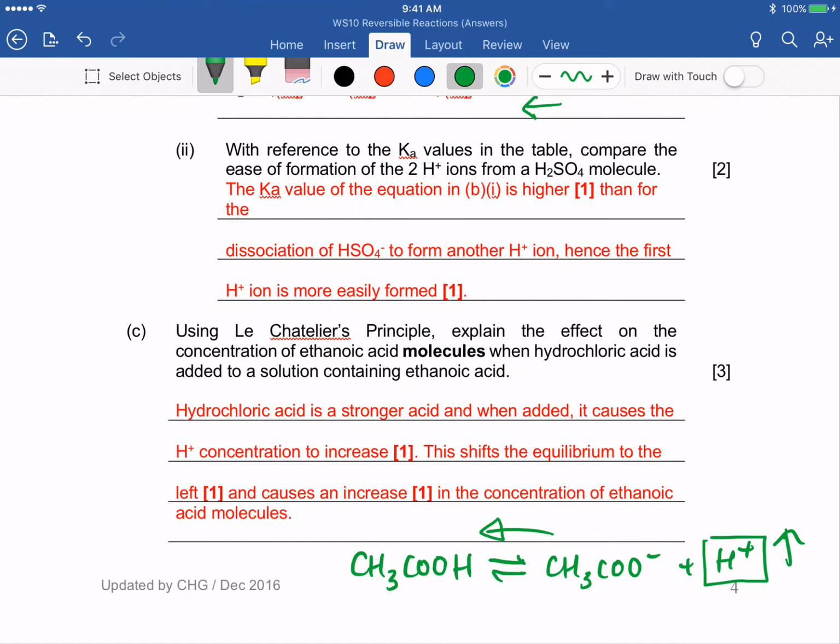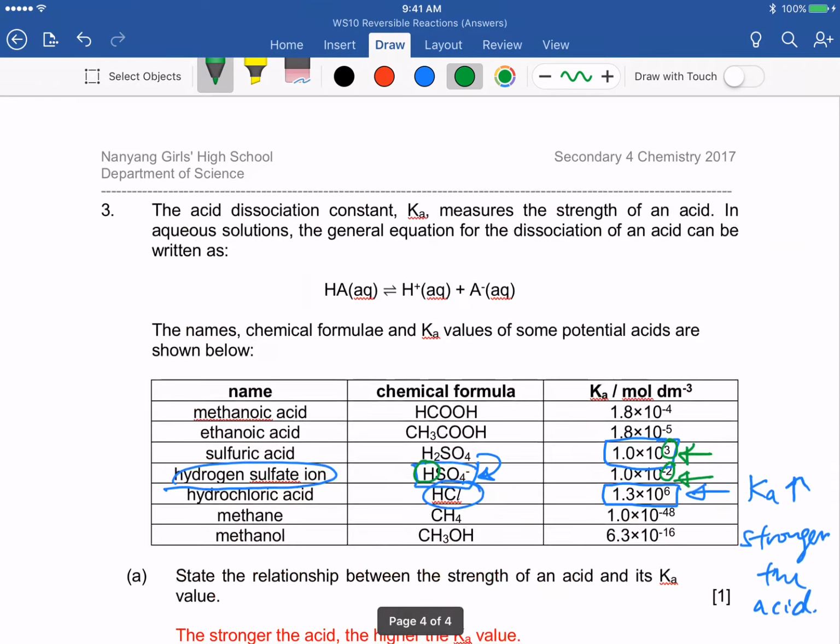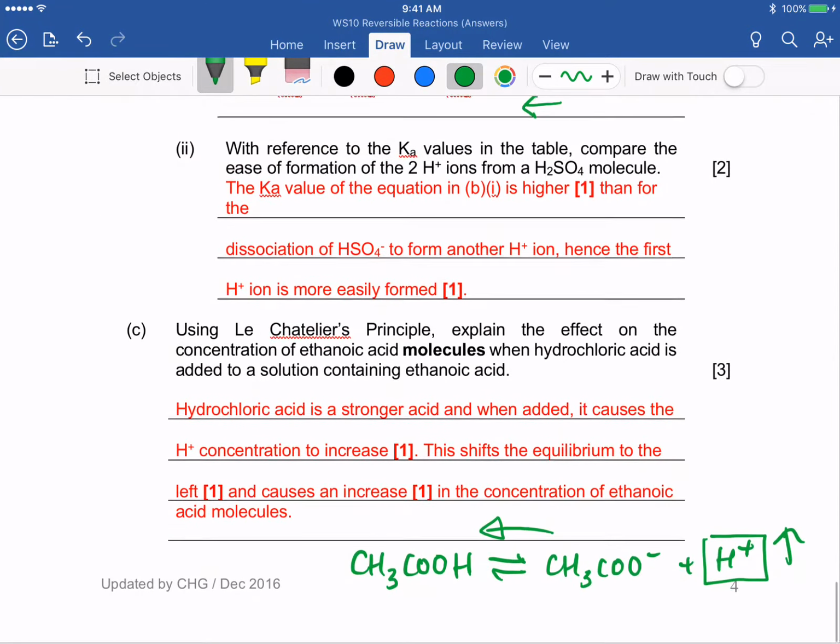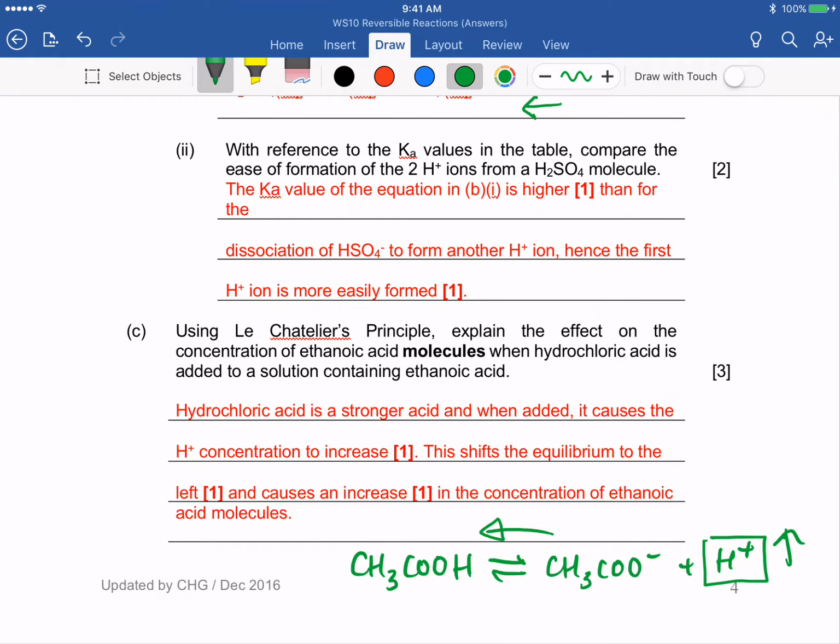Hydrochloric acid is a stronger acid, and when added, it causes the H+ concentration to increase, which shifts the equilibrium to the left and causes an increase in the concentration of ethanoic acid molecules. They ask you to explain the effect on the concentration of ethanoic acid molecules, so this is the answer. Because it shifts towards the left, there are more ethanoic acid molecules.